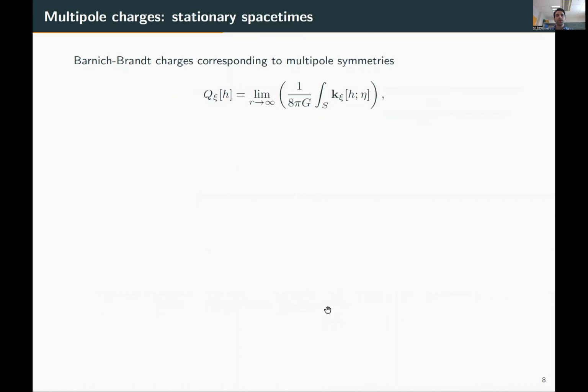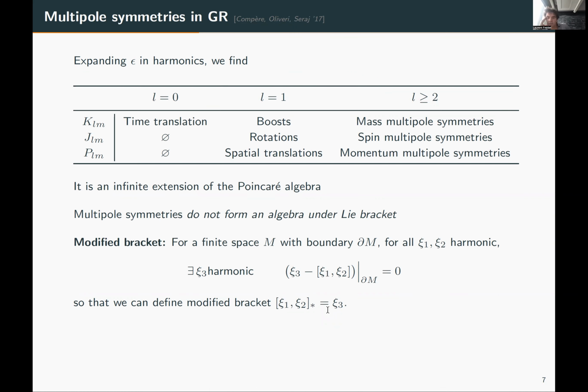Okay. Now let's talk about the charges associated to these multipole symmetries. Sorry, Ali. So yes, what is the bottom line? Is that you don't know what the structure constants of this algebra are? We have not worked this out for the case of an asymptotic boundary, like flat space with asymptotic boundary. But using this, I think I can work it out, but I don't remember the result at the moment.